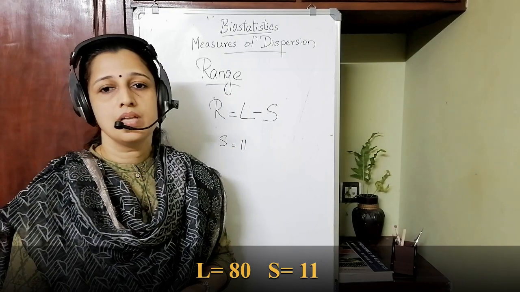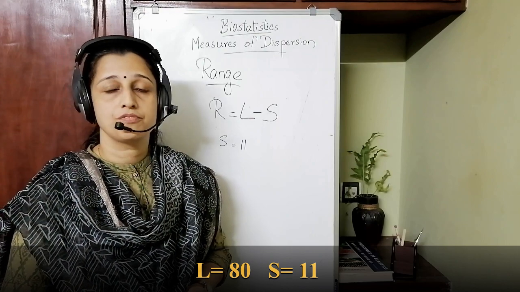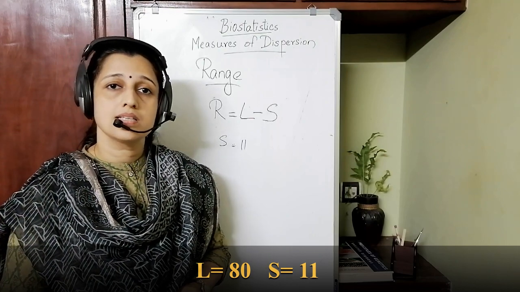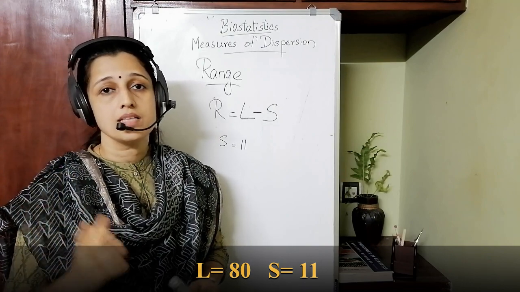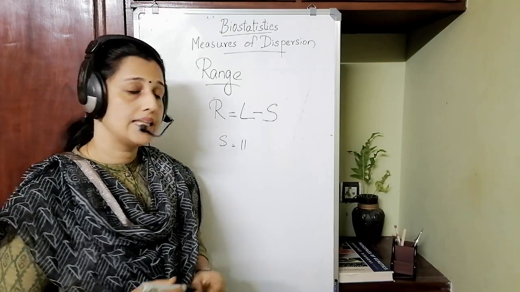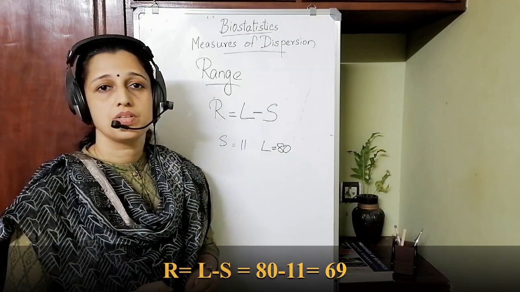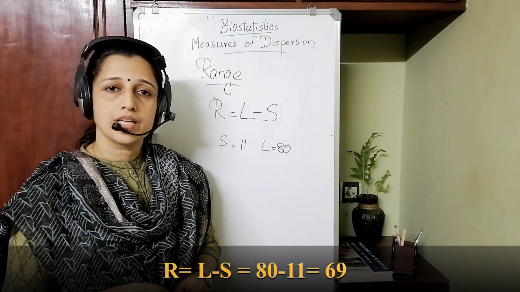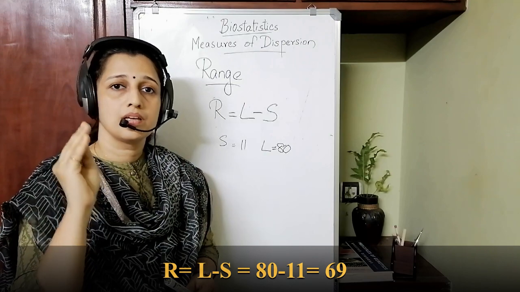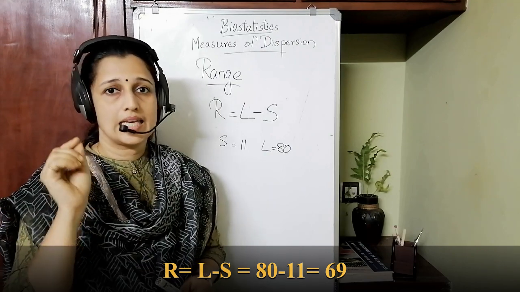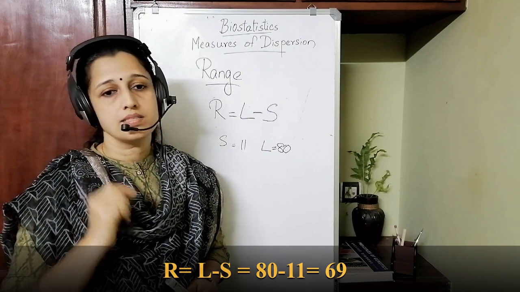So S is equal to 11, and the largest value, the upper limit of the last class interval, is 80. So L is equal to 80. In questions in which the class intervals are for continuous series, S is the lower limit of the first class and L is the upper limit of the last class.